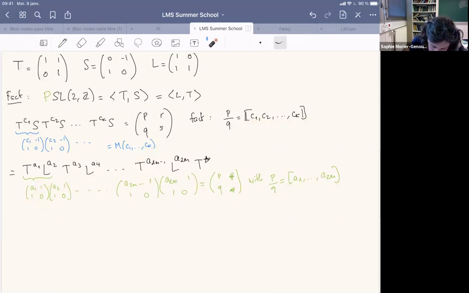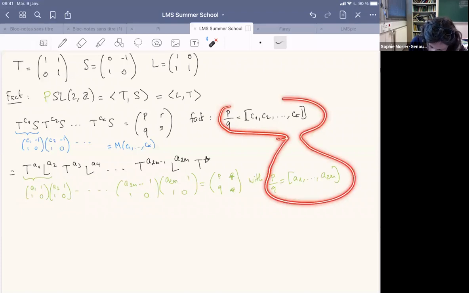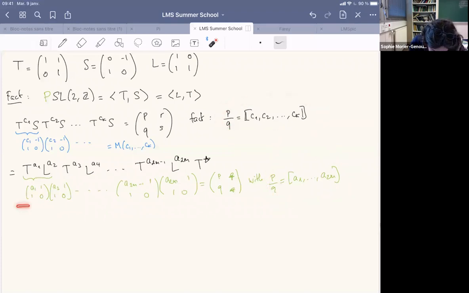So this link between continued fraction and product of matrices is very easy. If I have this rational given with these two expansions, and I compute this product of matrices in the first column, I have P and Q. And if I compute this other product of matrices in the first column, I also have P and Q.